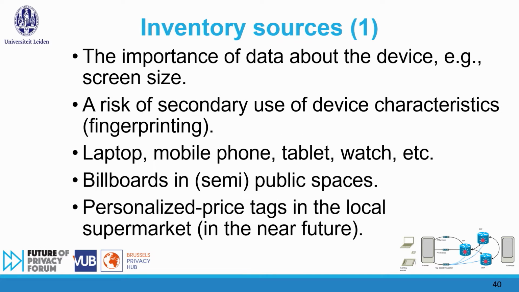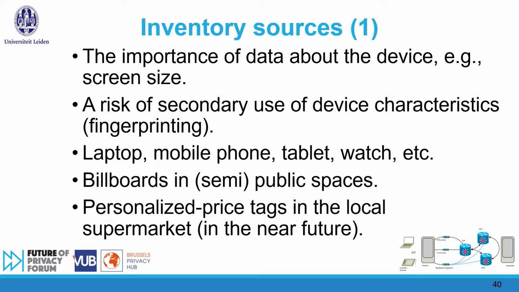The inventory sources. The interesting takeaway there is that it's not just about the browser screen anymore. The number of screens is actually very diverse. You'll see laptops, mobile phones, but also tablets, smart watches. What we will also see in the near future is billboards out in public space. Another good example, which they've been experimenting with in Japan for a number of years already, is personalized price tags in the supermarket.